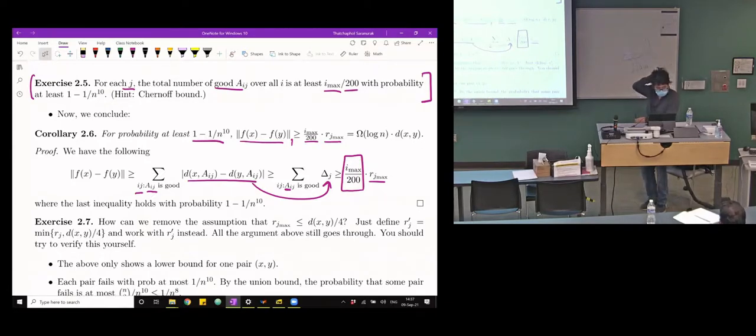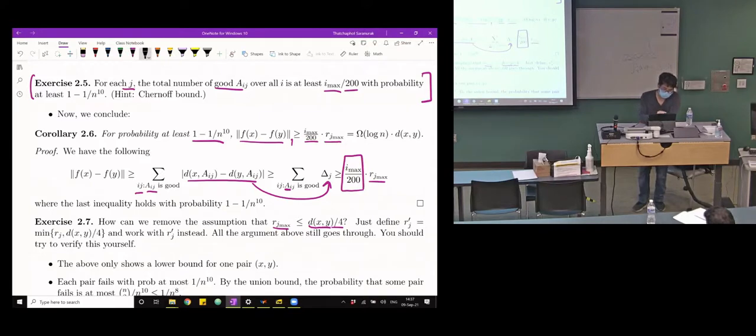So how can we remove the assumption that R_j max is at most d(x,y) over 4? I assumed this, and it is not true in general at all.